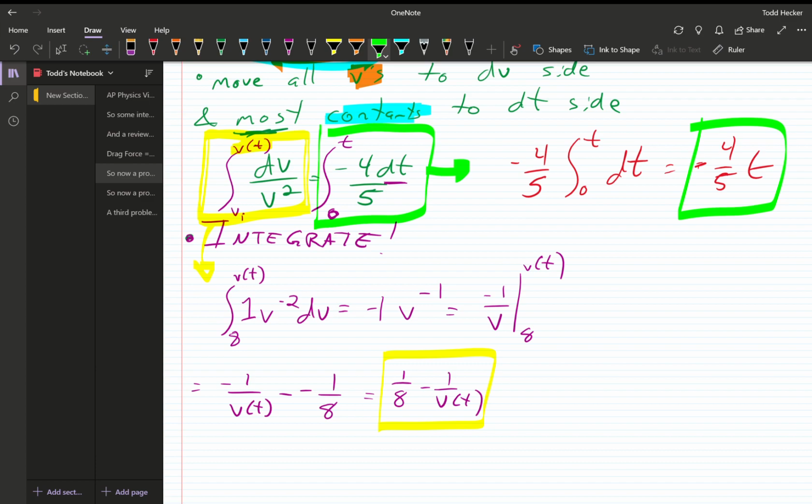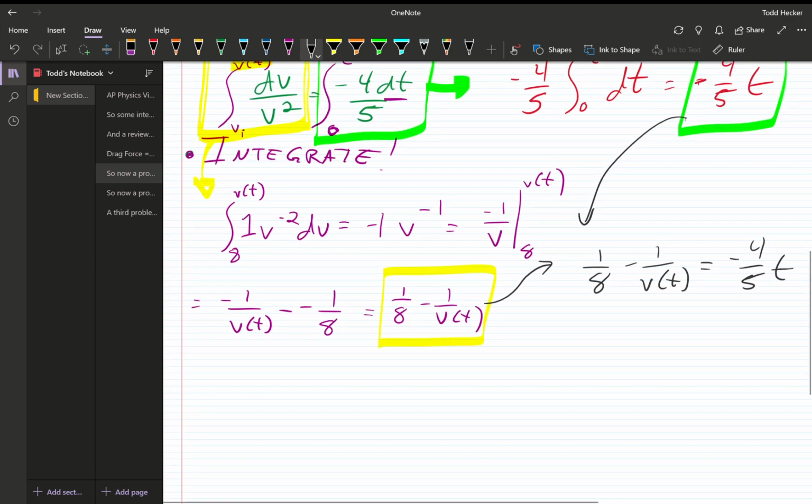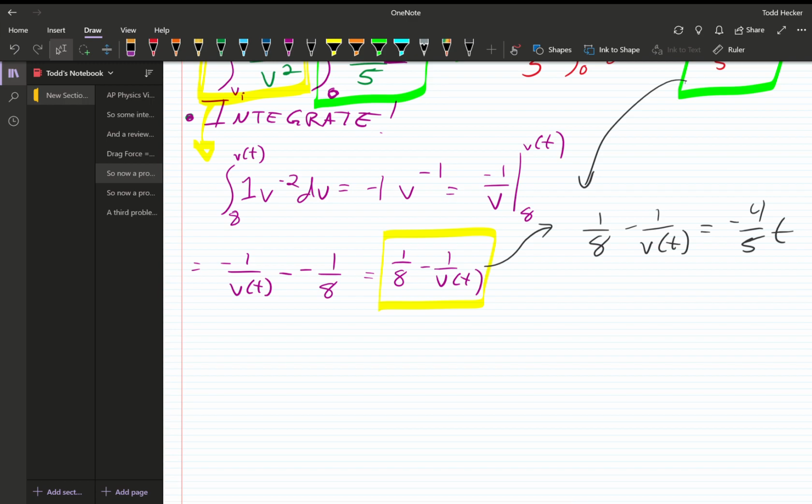So here's our new equation. This equals this: 1/8 minus 1 over v of t equals -4/5 t. Let's multiply both sides by -1 to get rid of this negative sign. I get 1 over v of t minus 1 over 8 equals 4/5 t.